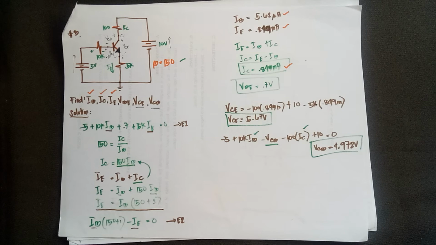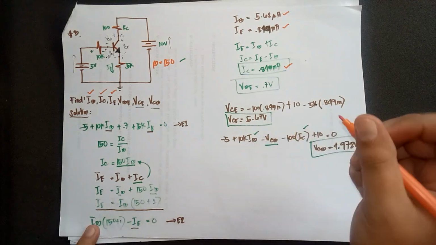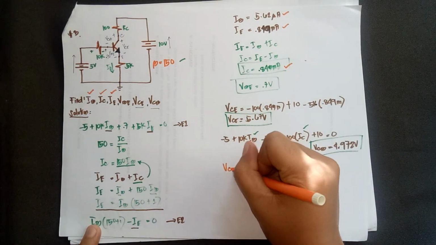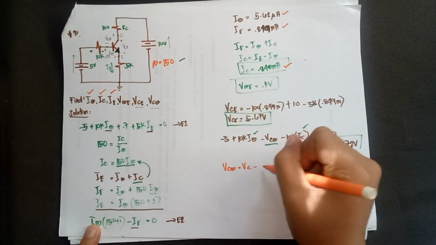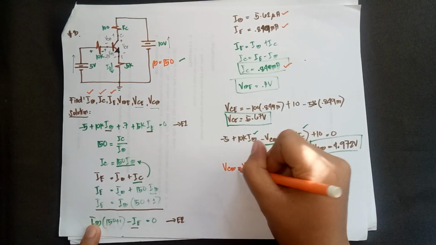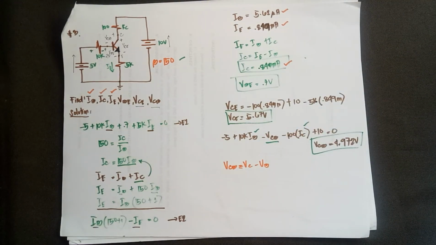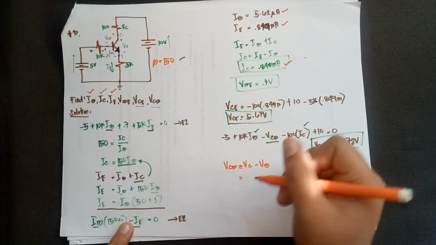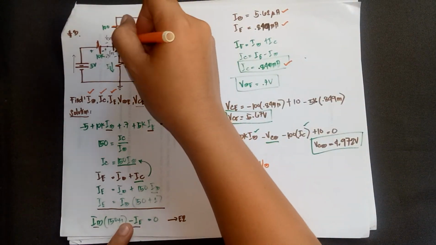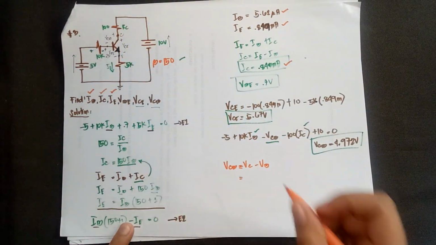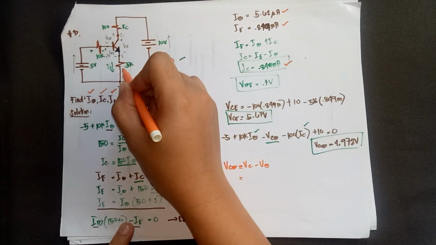Kung ayaw nyo naman to, we also have another approach. Pwede naman yun. Wherein, yung ating VCB, diba, is equal to VC minus VB. Okay? Wherein our VC is from here to the ground. That would be VC plus 5k IE.